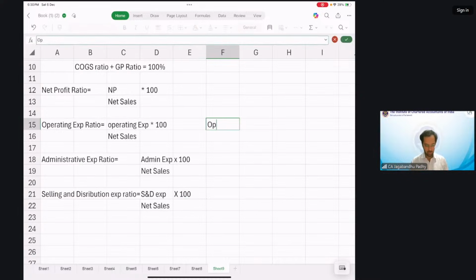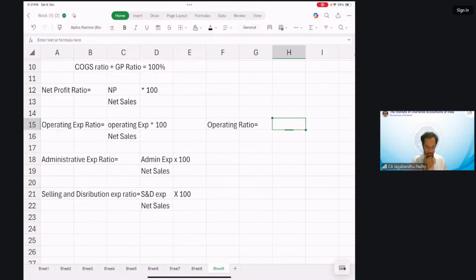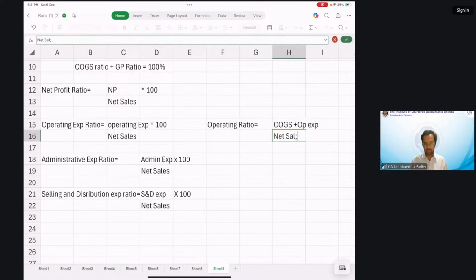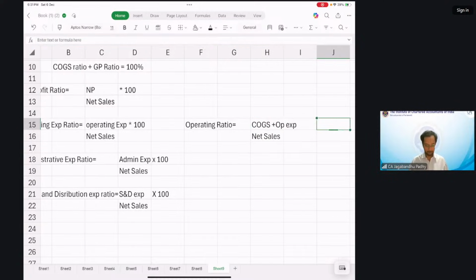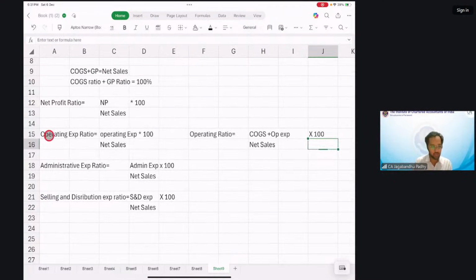Then we have a ratio called the operating ratio. Remember, it's not operating expense. We're talking of operating ratio. So operating ratio is COGS plus operating expense upon net sales, of course, into 100. So the difference between operating expense ratio and operating ratio is what? COGS plus operating expense is being considered.